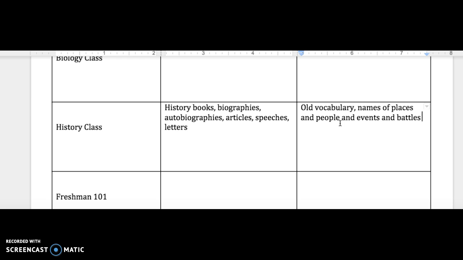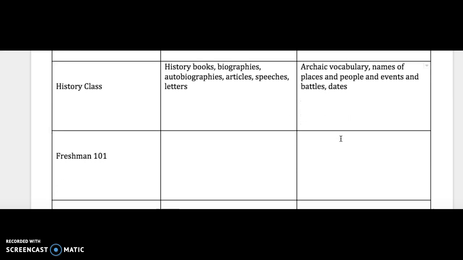Speaking of words that we may or may not be familiar with, we can use some of our vocabulary terms in here. We could say archaic. Instead of just saying old vocabulary, we could say archaic vocabulary. And we could put dates in here. Sometimes dates can be hard to comprehend and make text harder to understand.